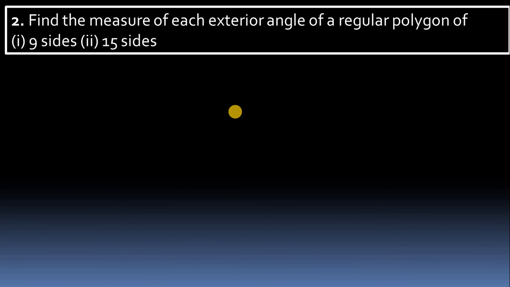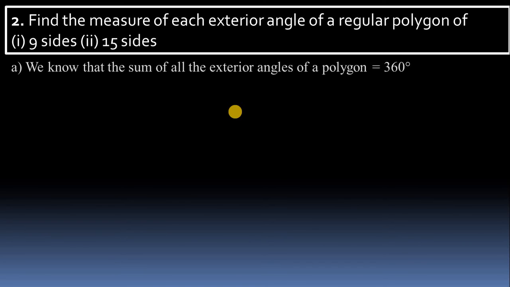Second question, find the measure of each exterior angle of a regular polygon. They are telling us it is a regular polygon, so you have to find the measurement of each exterior angle of the regular polygon of 9 sides. For exterior angles, one thing you know is their sum is 360.